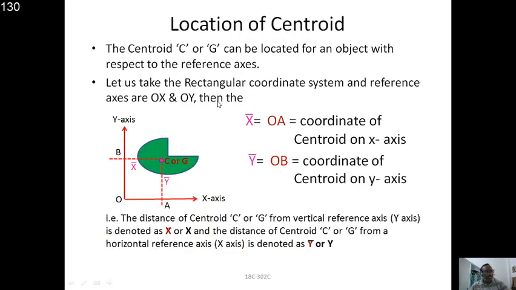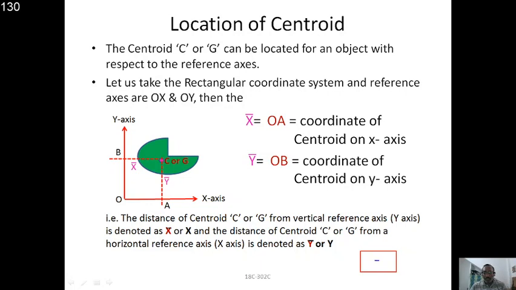Now, how do we locate the centroid? The centroid, denoted by C or G, can be located for an object with respect to some reference axes. If I take any object like this, how can I specify that this is my centroid?